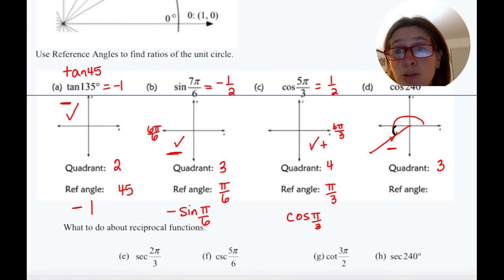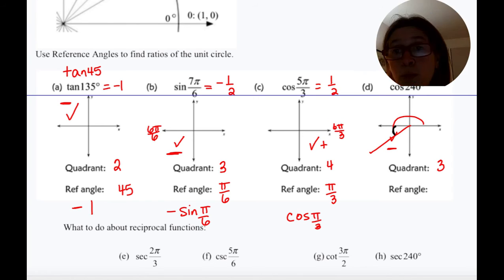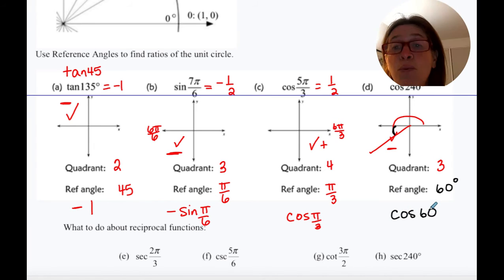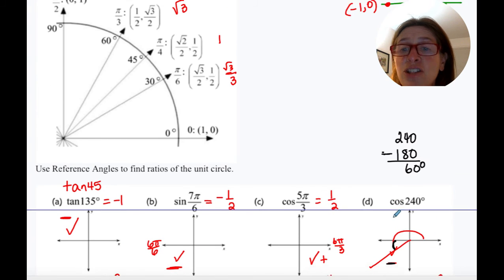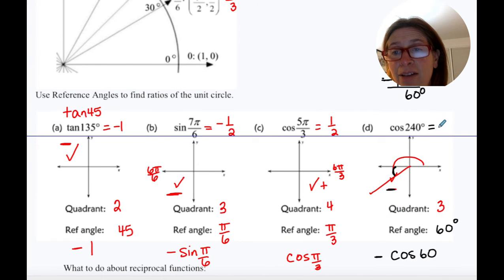So I'd have to do 240 minus 180 to get that angle, which would give me a 60-degree reference angle. All right, so that means that I want a cosine of 60. However, we know that we're negative, so I need a negative cosine of 60. The cosine of 60, let's go back up and look, it's 1/2, so this would be -1/2.